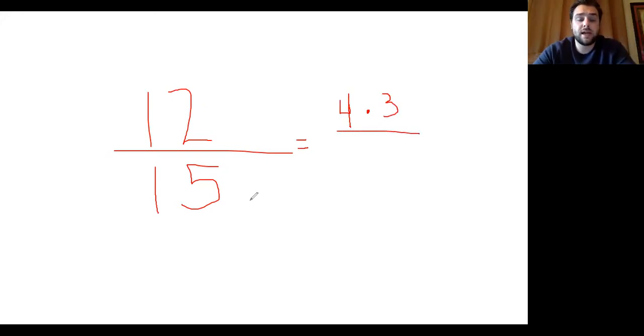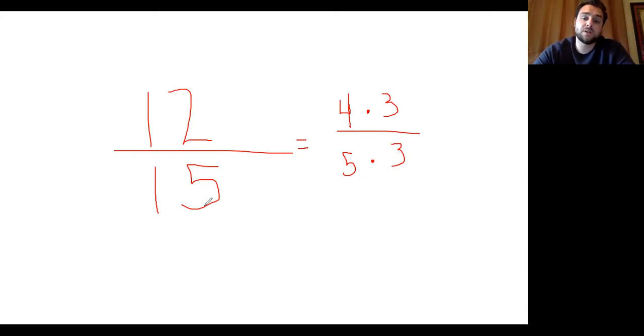Likewise, looking down at 15, we know that 15 is 5 times 3. So you're multiplying 4 by 3 to get 12, and 5 by 3 to get 15.